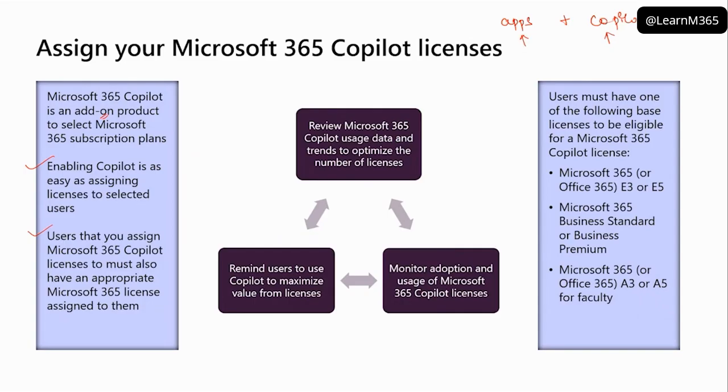Because we have a license, we have these applications deployed, right? Users must have one of the following base licenses to be eligible: Microsoft 365 E3, E5, Office 365 E3, E5, Microsoft 365 Business Standard or Business Premium, Microsoft 365 A3 or A5, or Office 365 A3 or A5 for faculty.